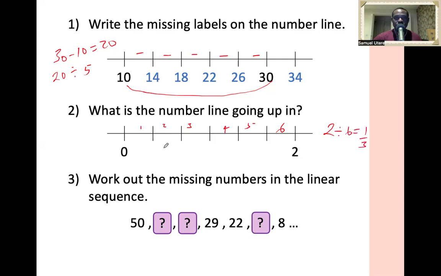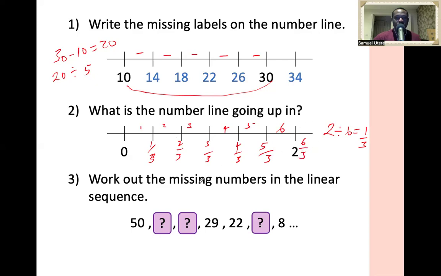So this number line is going up by 1/3. So 1/3, 2/3, 3/3, 4/3, 5/3, 6/3. 6 over 3 is 2.